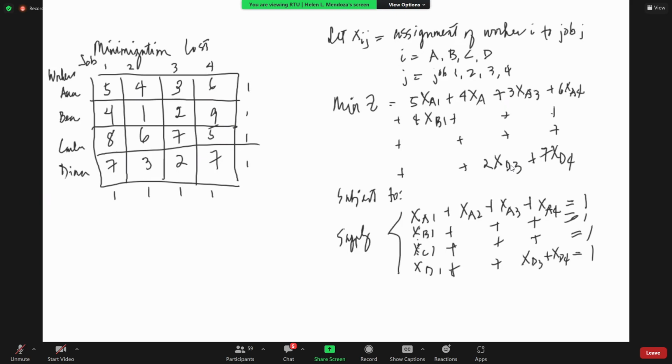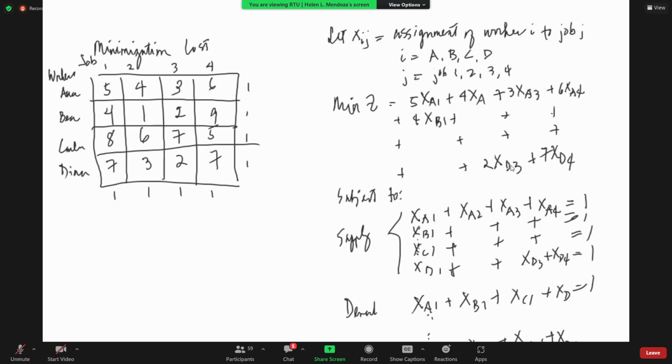Then we would have the restriction that has to do with the demand. So for the demand, you have XA1 plus XB1 plus XC1 plus XD1 is 1. So you continue hanggang XA4 plus XB4 plus XC4 plus XD4.